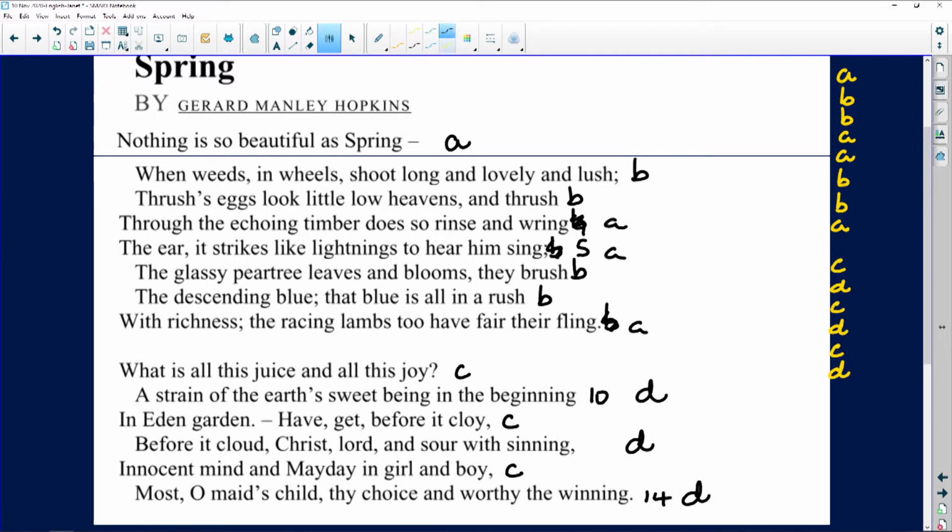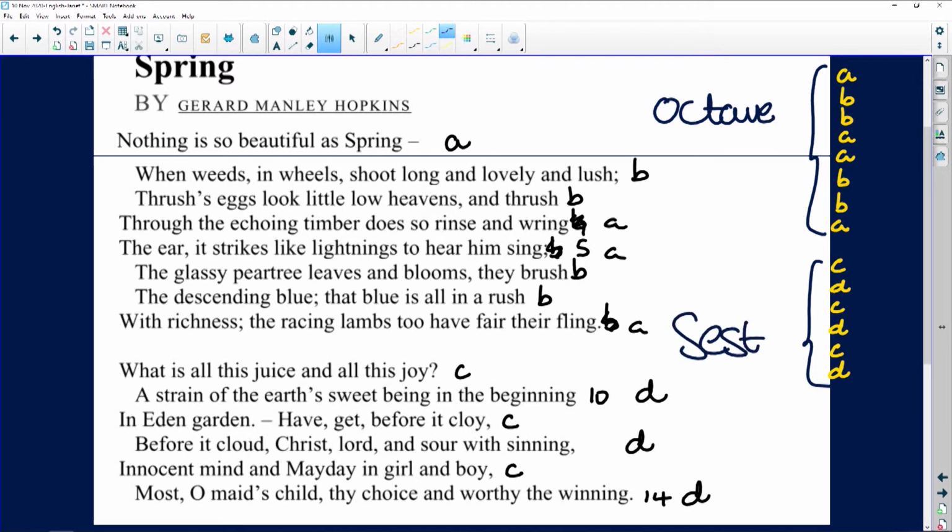Can you see that these lines are linked by the rhyme scheme and these lines are linked by the rhyme scheme? Count the lines. 1, 2, 3, 4, 5, 6, 7, 8. We have an octave. 1, 2, 3, 4, 5, 6. We have a sestet.